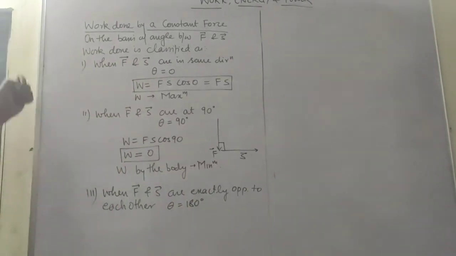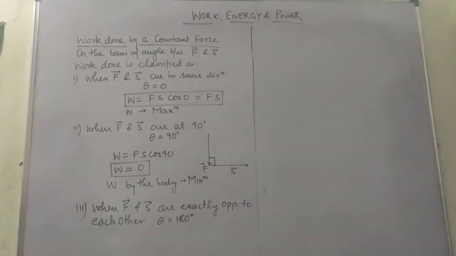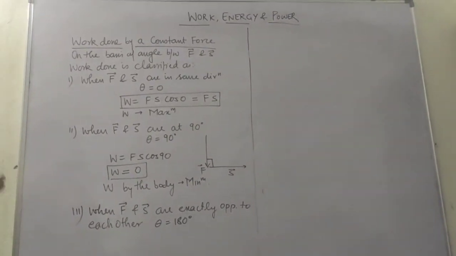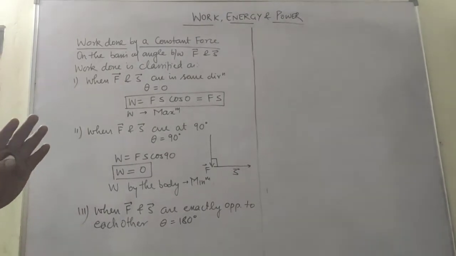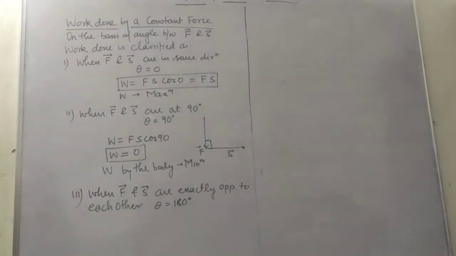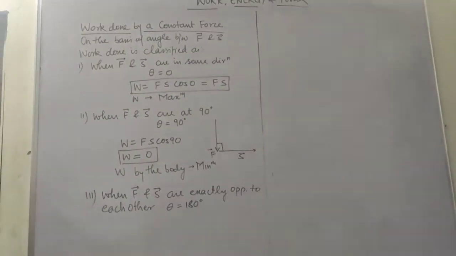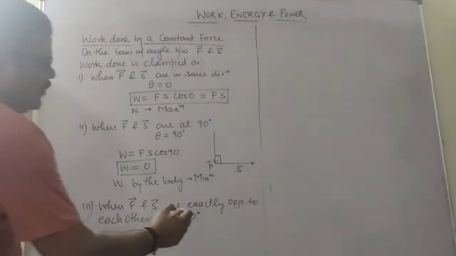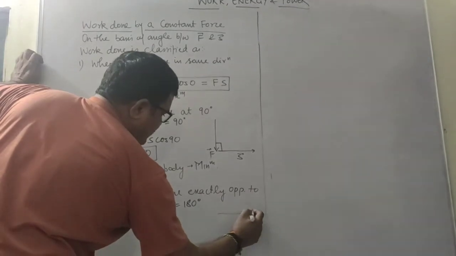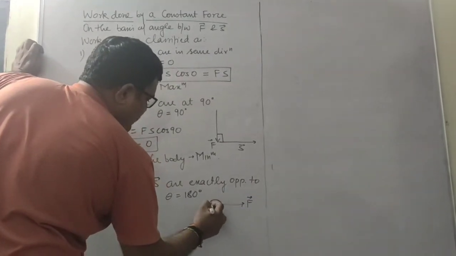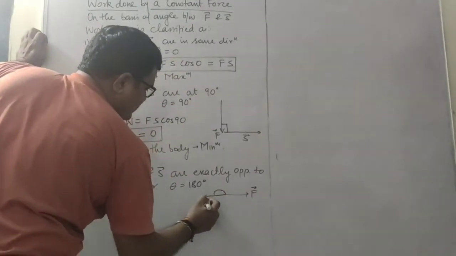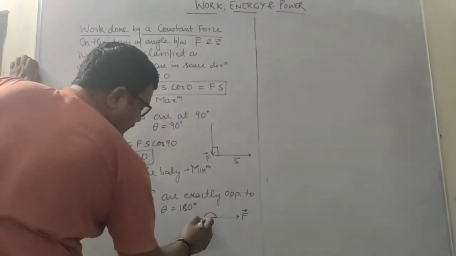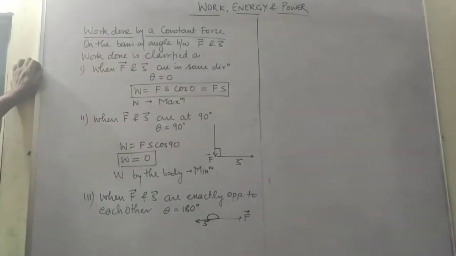Say for example, you are trying to make a heavy object move. You are applying a force in the forward direction, but your foot is moving backward, which means your force is in this direction and displacement is in this direction. So this is not the work done by you. This is work done on the body.